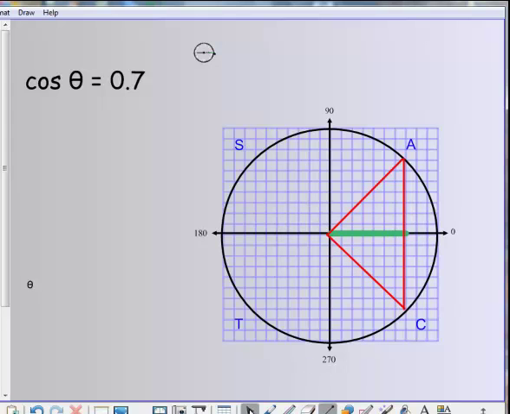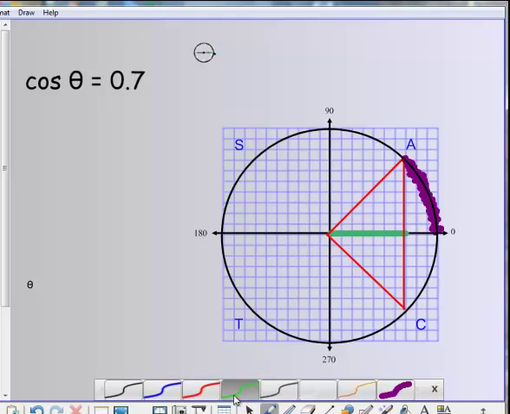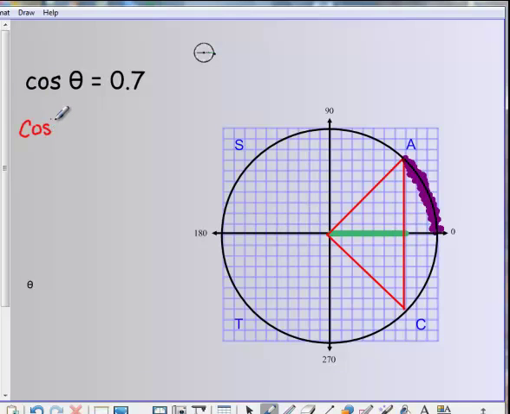And I have to figure out how big those angles are. So the first angle is that one, and that's going to be pretty easy. Let's take our calculator and let the calculator do the work. What I would be doing up here is taking the inverse cosine to get rid of cosine and get theta alone.